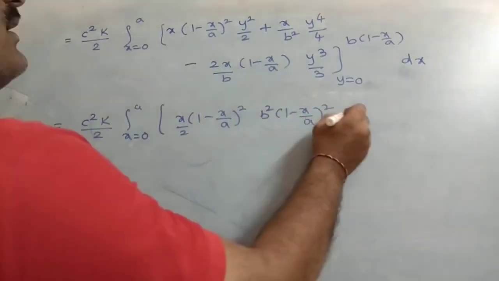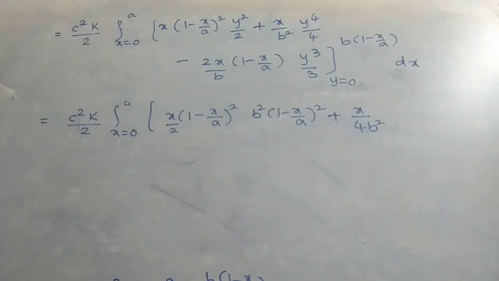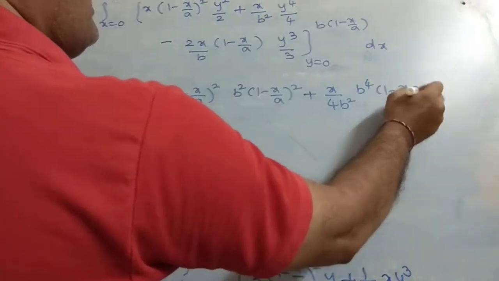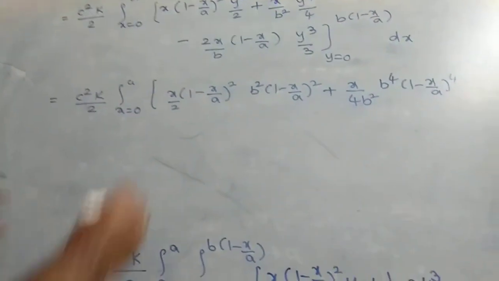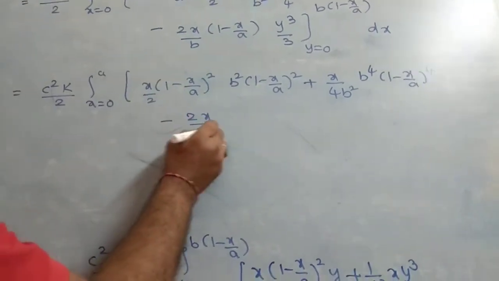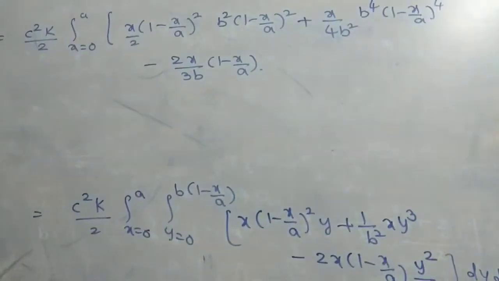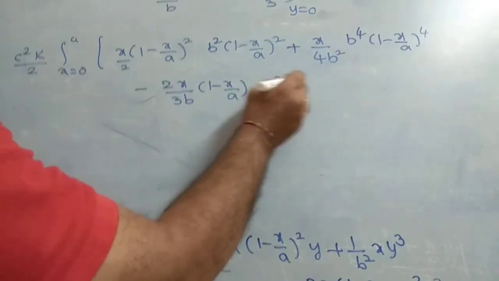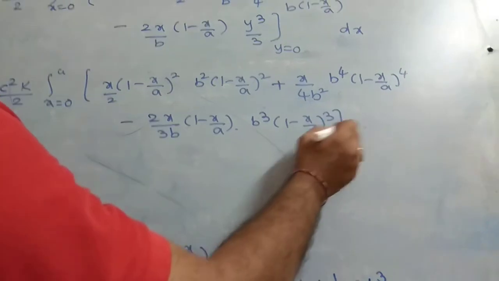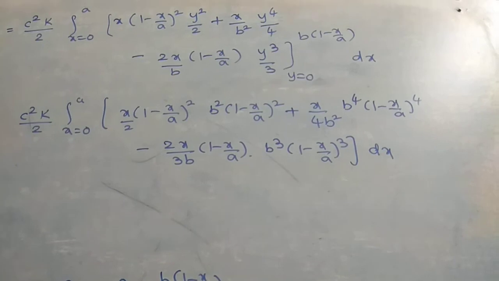Similarly, plus x divided by 4b square and y power 4 is nothing but b power 4 into (1 minus x by a) whole power 4, and minus, I am just writing here, 2x divided by 3b into (1 minus x by a). So y cube is nothing but b cube into (1 minus x by a) whole cube, and this is overall dx, and that lower limit is totally equal to 0.